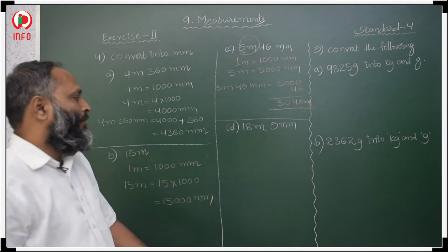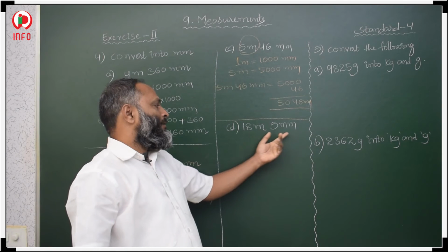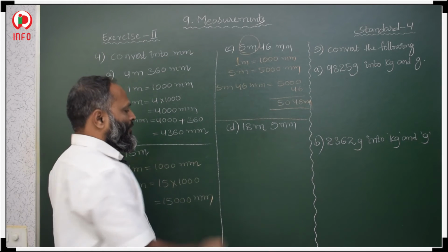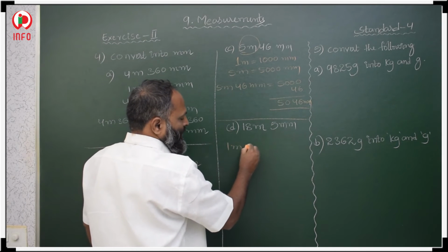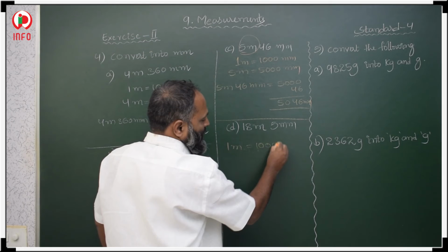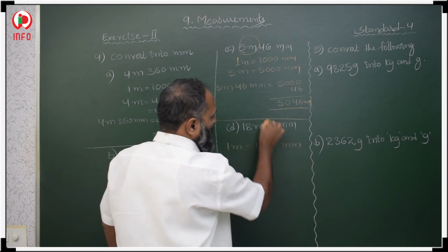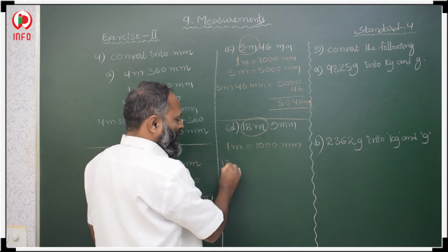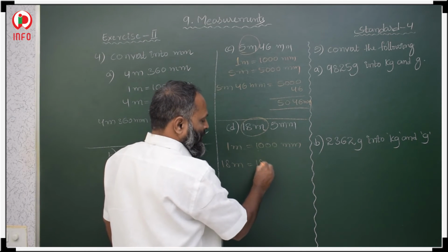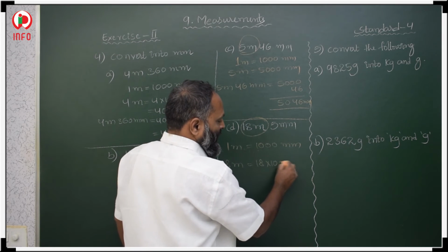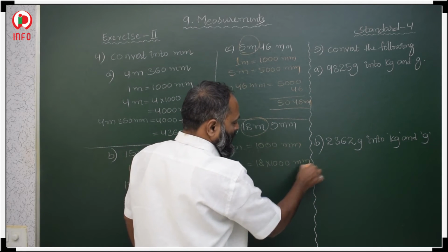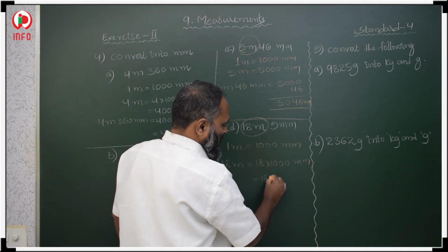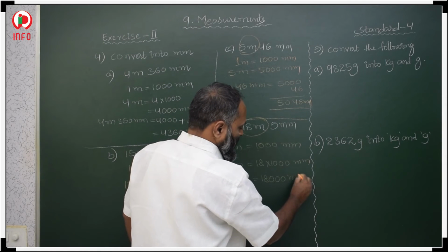Okay. Now 8 meters 5 millimeters. Now 1 meter is equal to 1000 millimeters. Now 18 meters. 18 meters is equal to 18 into 1000 millimeters, 18,000 millimeters.